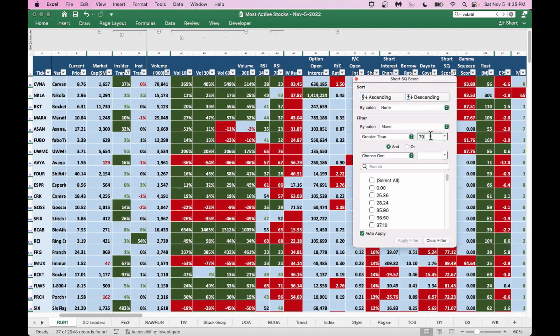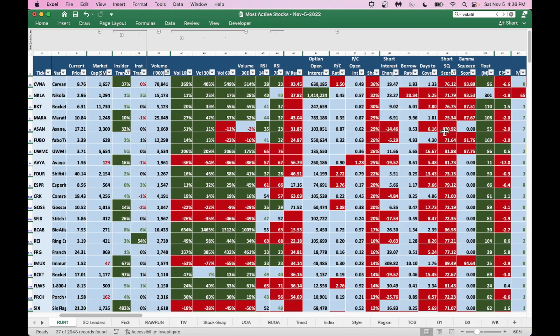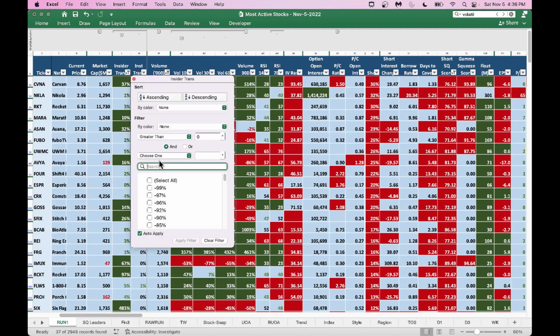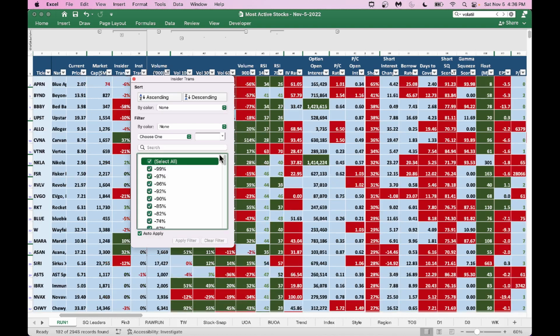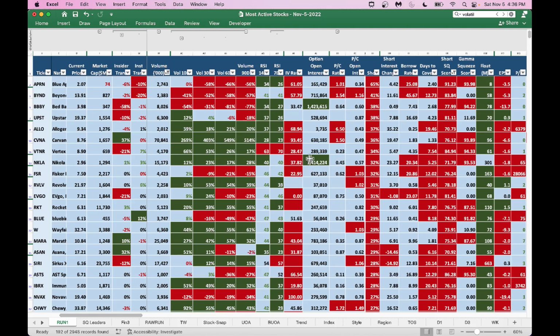All right, so let's go here. Look, here we got high short squeeze scores. All these names are sorted by short squeeze. Let me also remove this insider buying for a moment. All right, so now we got the short squeeze score here.